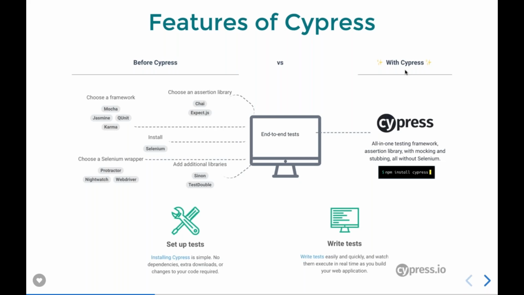It doesn't make use of Java, C# or any other languages. It supports only JavaScript, which is quite natural because most modern web technologies use JavaScript, and it's developer friendly.